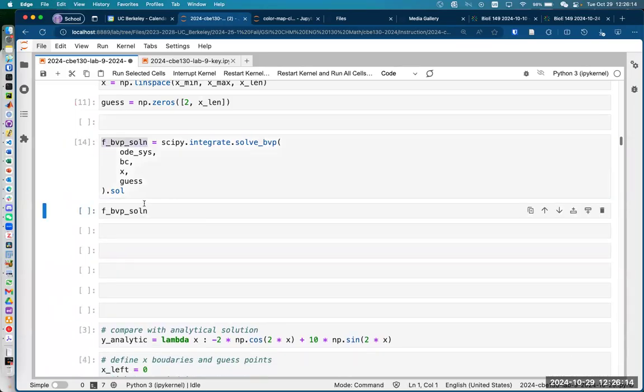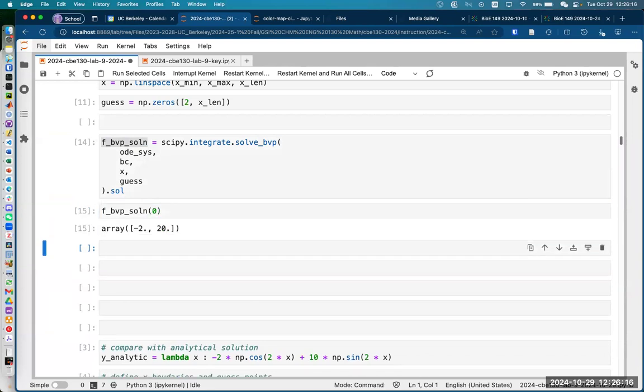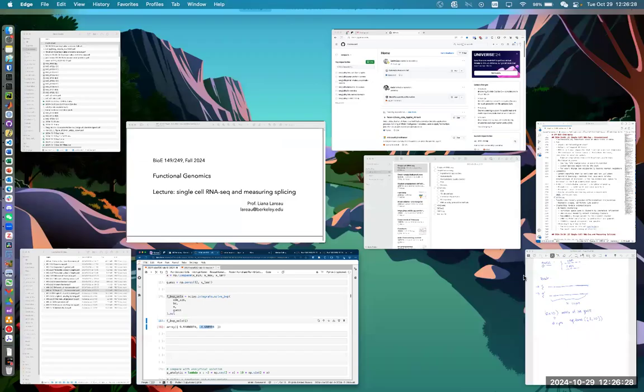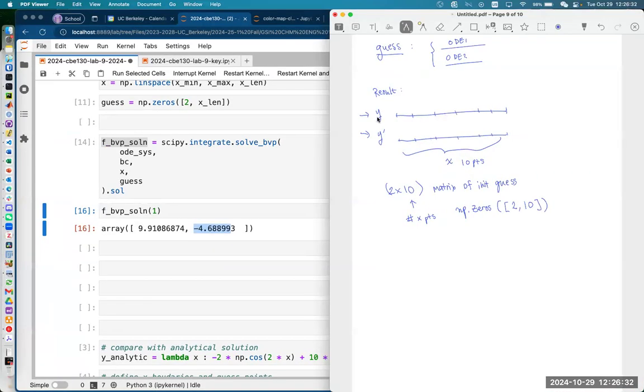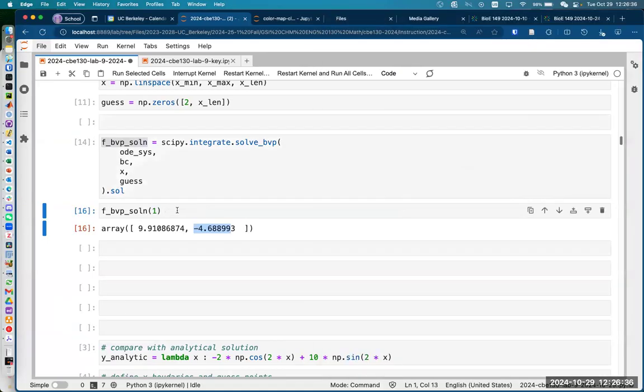And then we can evaluate it at different x's. For example, evaluate at 0, evaluate at 1. And you notice that there's a list of 2 elements. The first element corresponds to the original function, and the second element corresponds to the first derivative, just like here. So first element for original function, second element is first derivative.